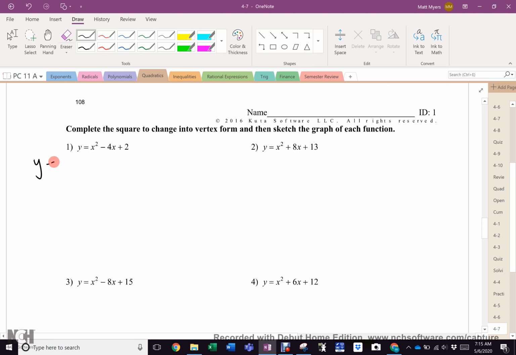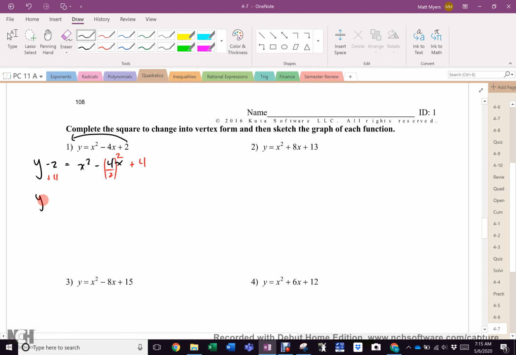So y minus 2, because of course we remember we like to move that over there, is x squared minus 4x. And then of course we divide that by 2 and square it to get positive 4, which means I have to add 4 to that side.